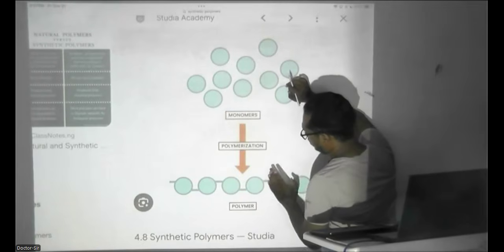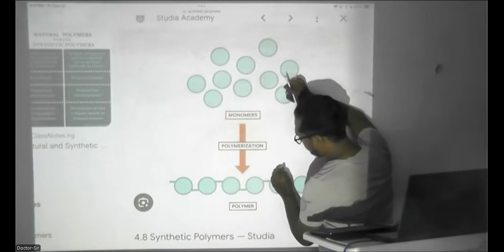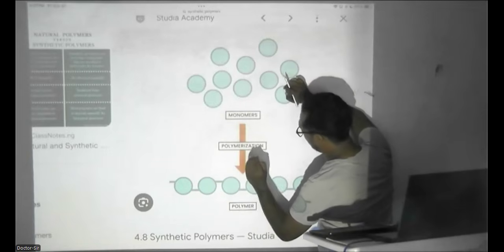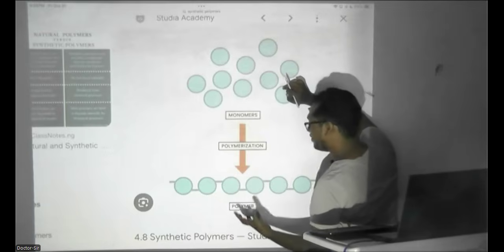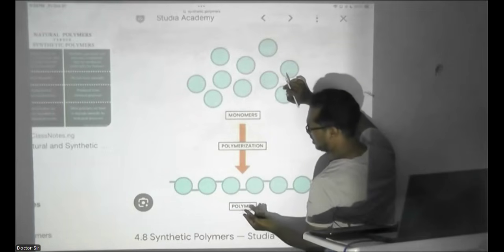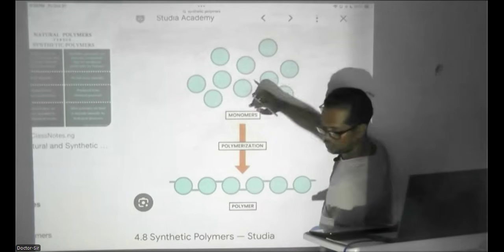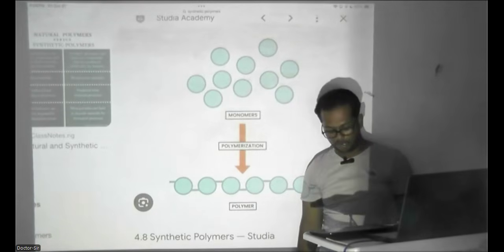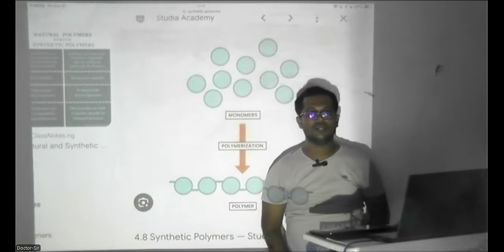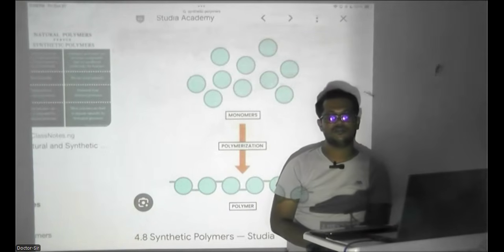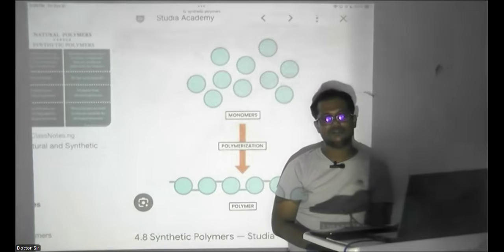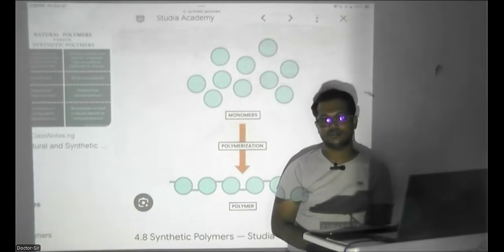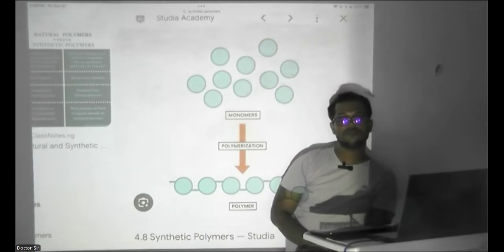What happened in this process? Single unit monomers bind together, so they are not easily degradable. They can't digest easily. That is why we say don't put polythene into nature. Why? Polythene is difficult to degrade.